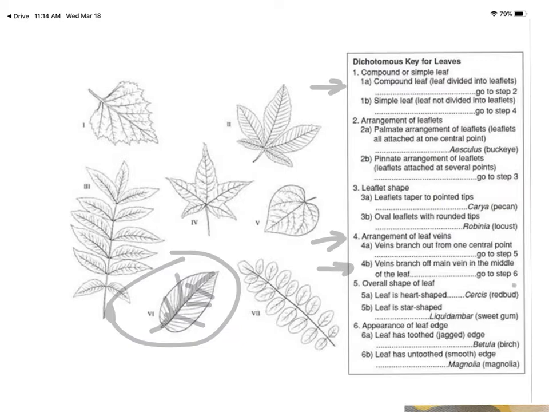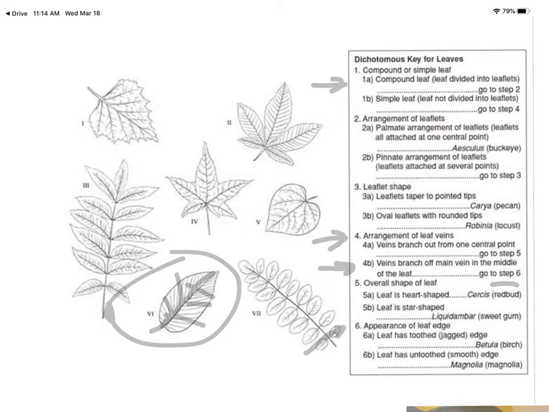So that says go to step 6. Step 6 says the edge of the leaf, is it smooth or is it jagged? Well, it looks pretty smooth to me, so that is a birch tree leaf. So that was just kind of refreshing your memory on how to use a dichotomous key, how to identify things when you're trying to classify life.